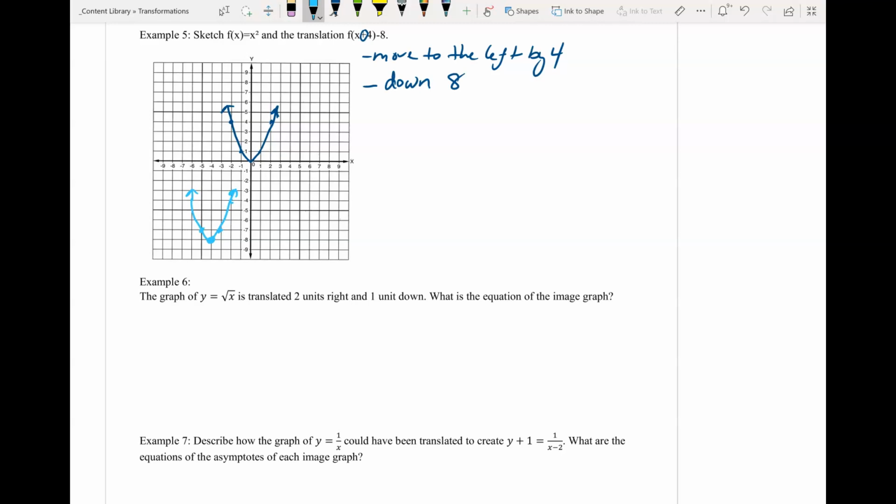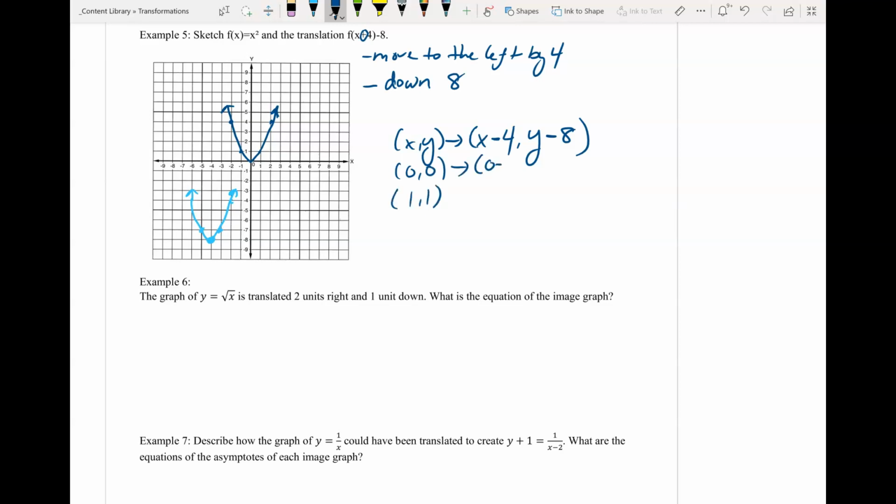Another option is doing it a bit algebraically. So we're going to move to the left by 4. That means we're going to go to the negative side, so x minus 4. We're going to go down by 8, so that'll be y minus 8. Get a point at 0, 0. We can use another point at 1, 1.